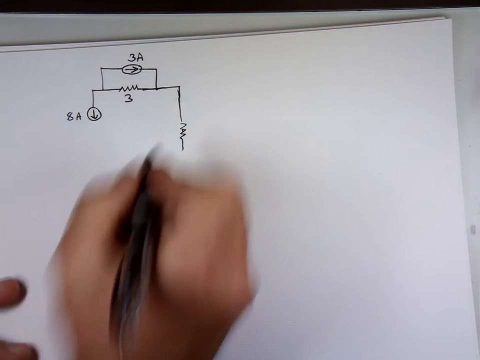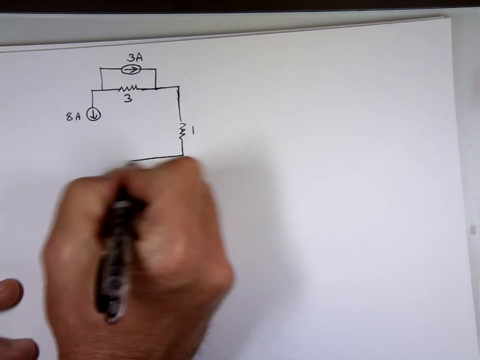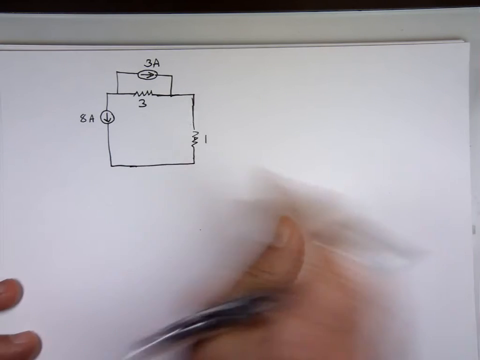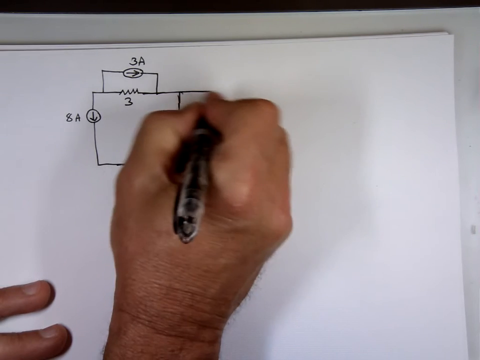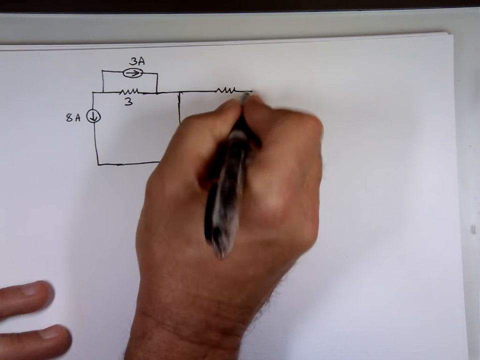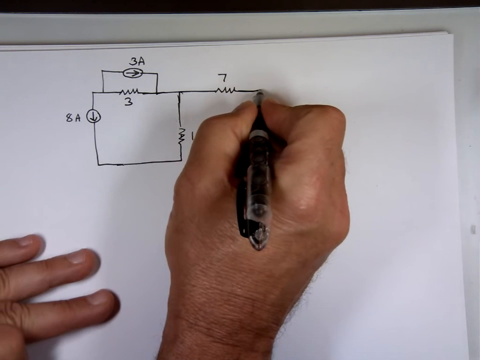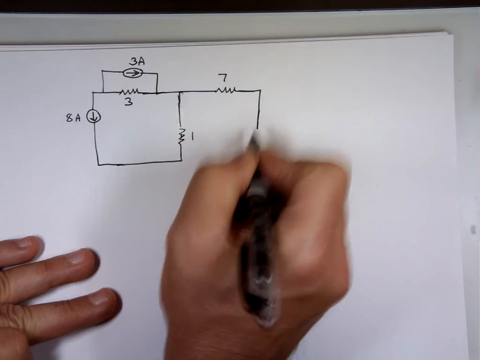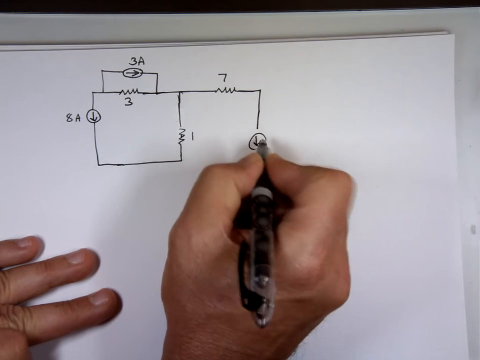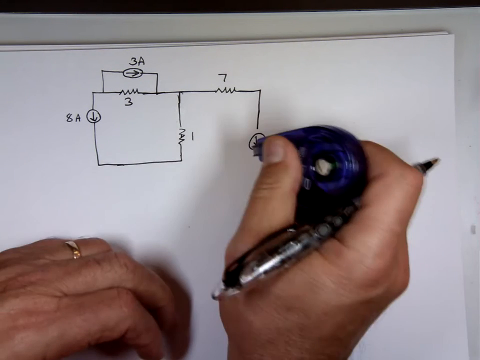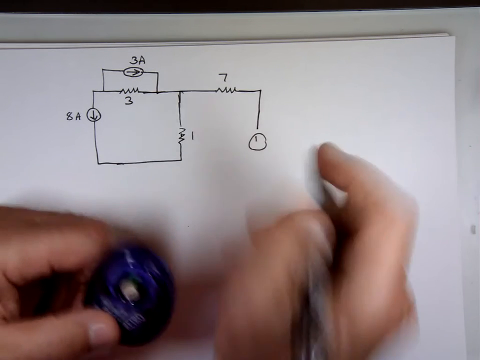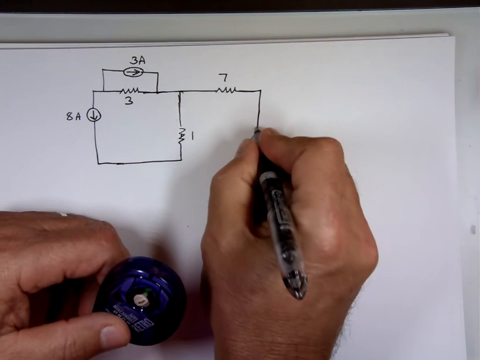One. That's 7. There's a current source pointing down. Oh, actually, we changed the direction of that because that's a negative value. So it's going up. They have it pointing down with a negative number.